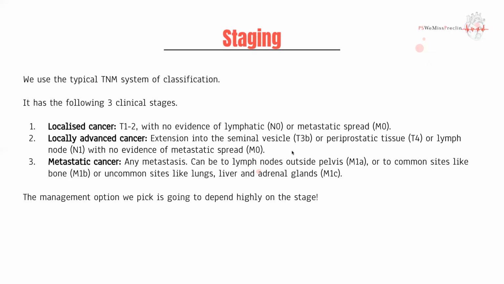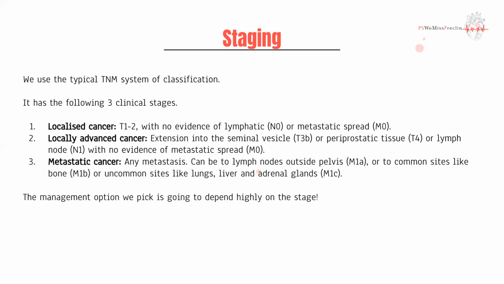You don't need to know the specific numbers, T3b or T4. Just know that, as the name suggests, if you have growth into the periprostatic tissue, that's going to be a locally advanced cancer. Or if you have lymph nodes that are the proximal lymph nodes within the pelvis. But again, you should have no evidence of metastatic spread.